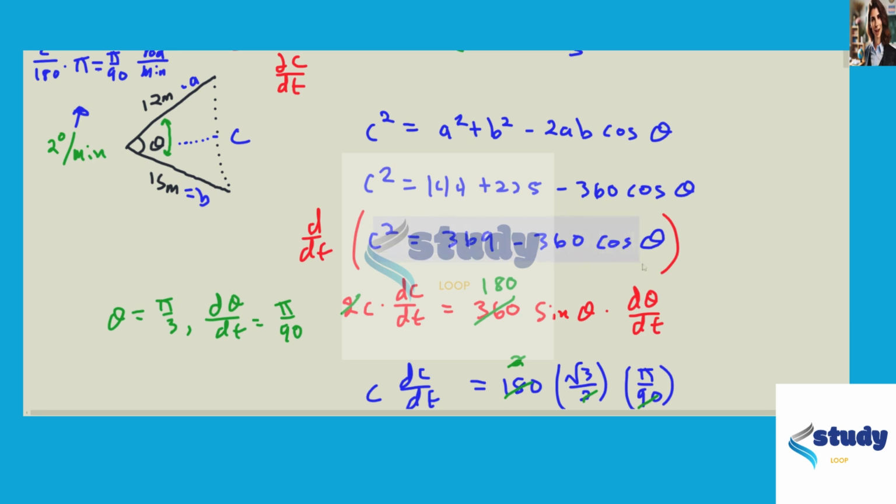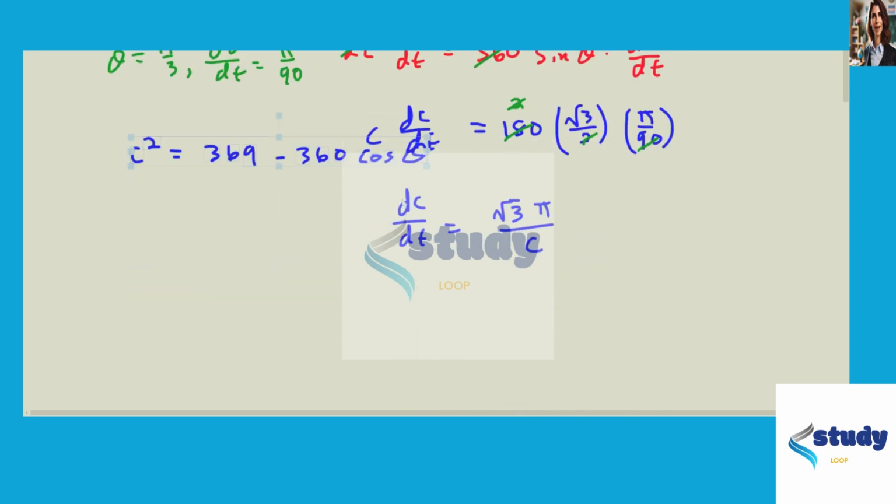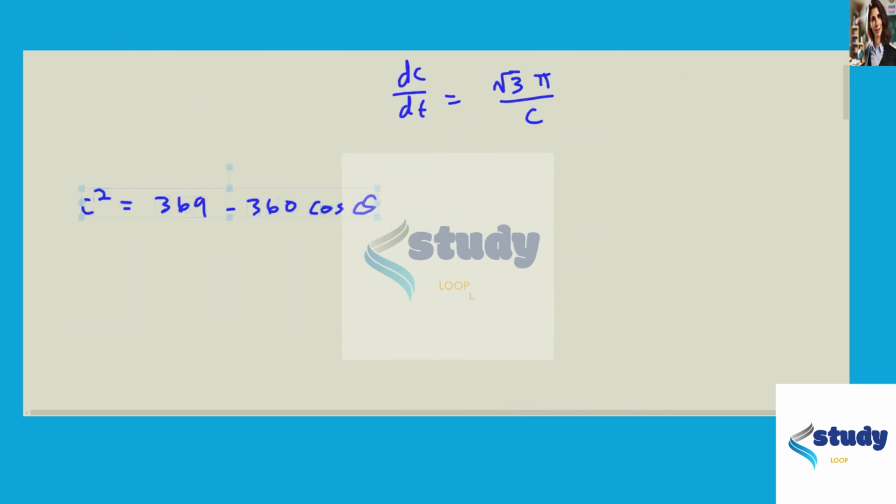So we know our relationship between c, or at least how to find c, is given by this equation right here. And so again, remember, we're interested in when theta is equal to pi third. And so at that point, cosine of pi third is going to be 1/2. So that would be 369 minus 180.